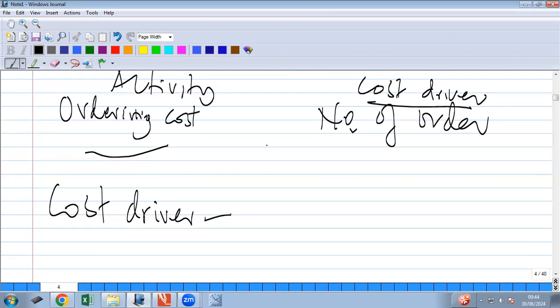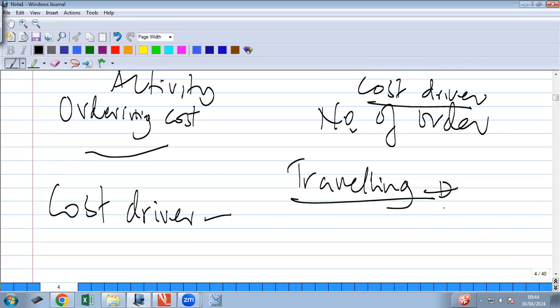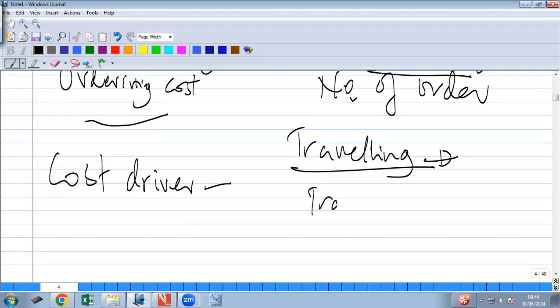Take, for example, if you are moving from here to, say, maybe Mbarara or any other place, you are traveling, right? If you're traveling, that means you're going to incur transport cost. But in this case, what will be our cost driver?